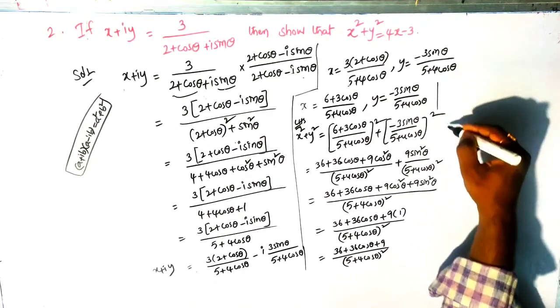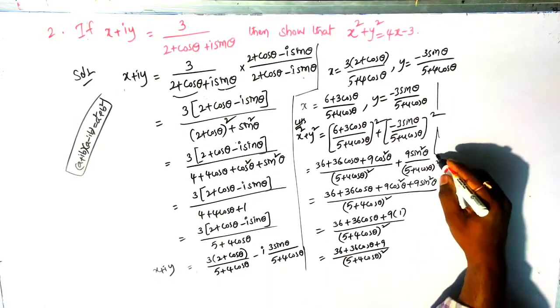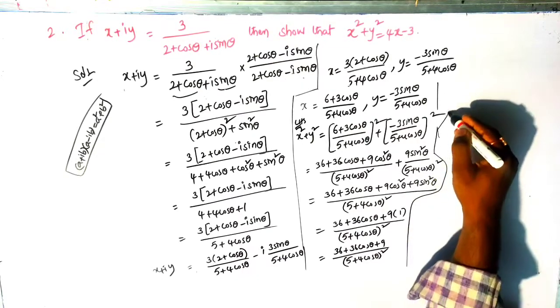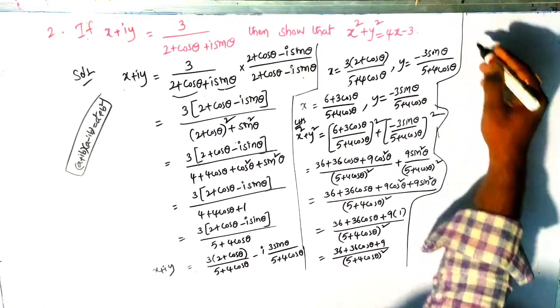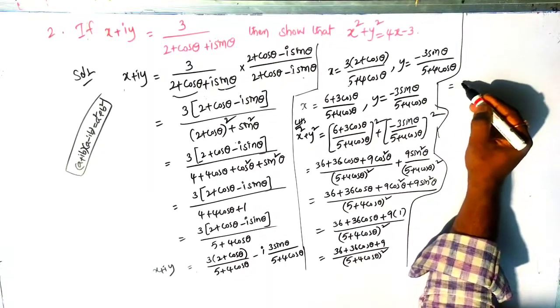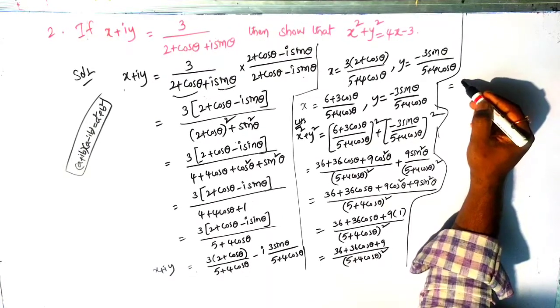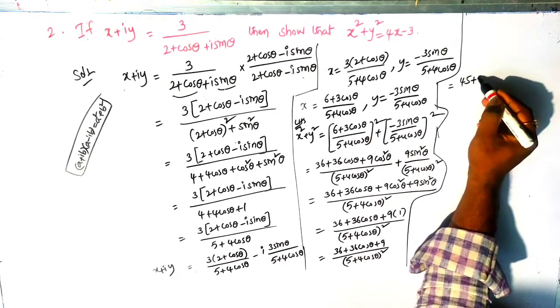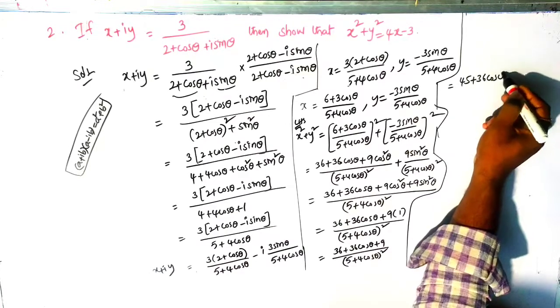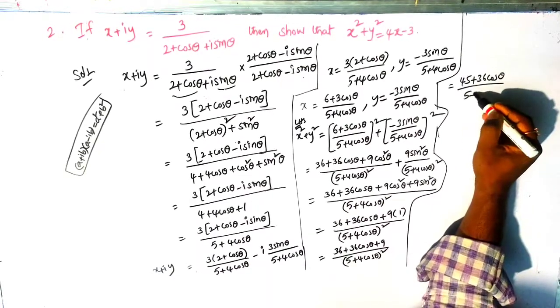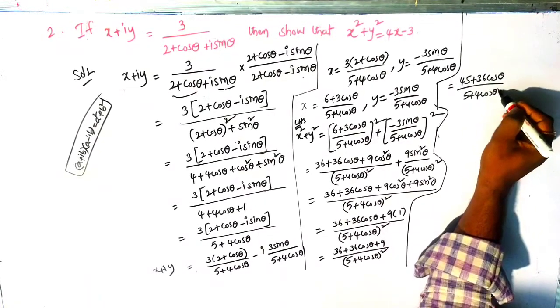Okay, now I will write here: 36 plus 9, that is nothing but 45, plus 36 cos theta, divided by (5 plus 4 cos theta) whole square.